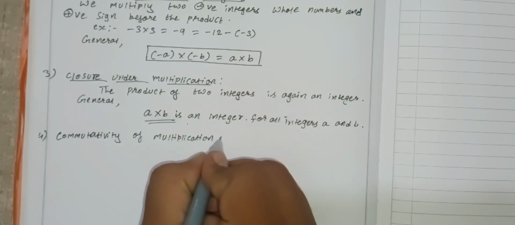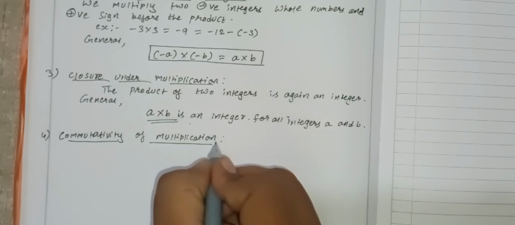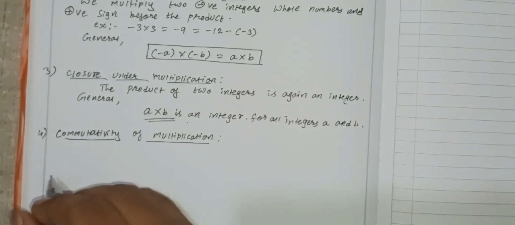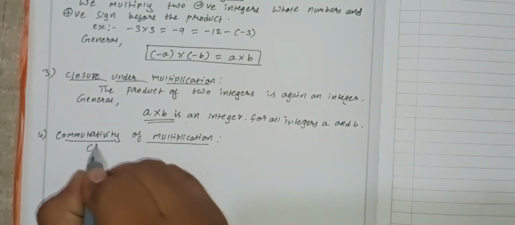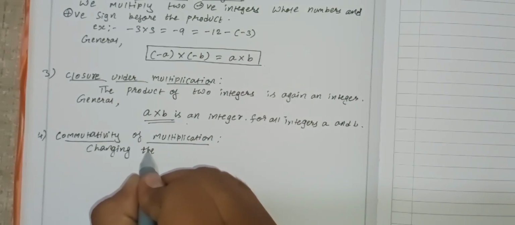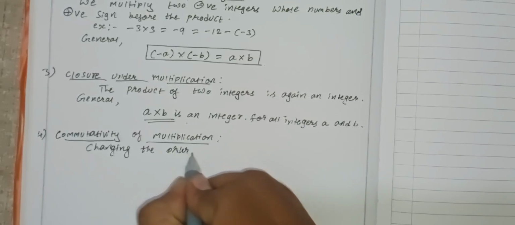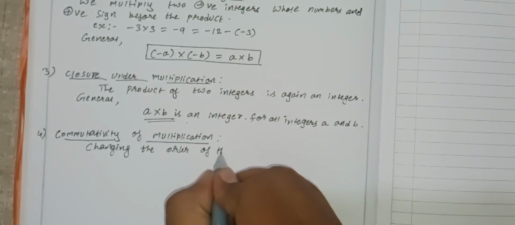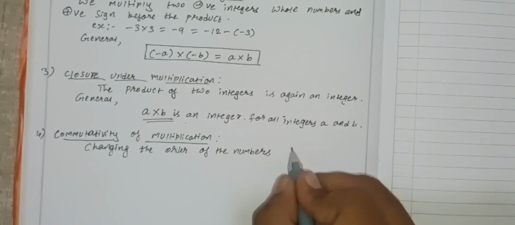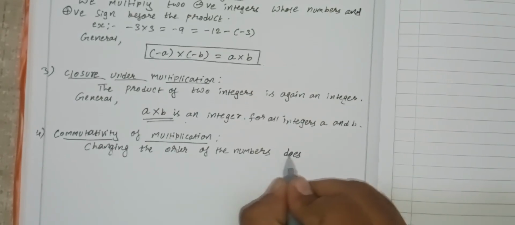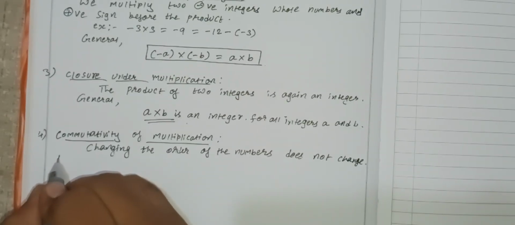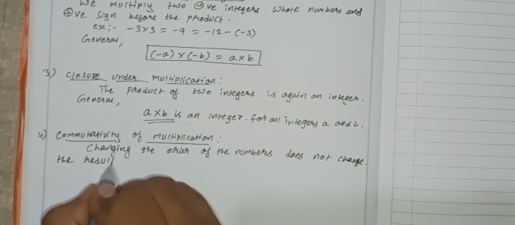In the commutative property, what we are seeing is that changing the order of the numbers does not change the result.